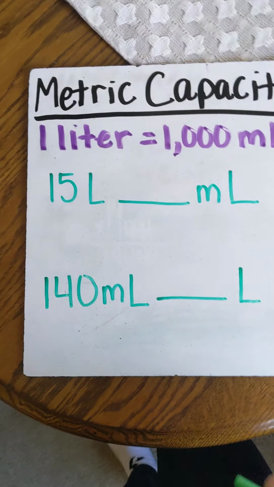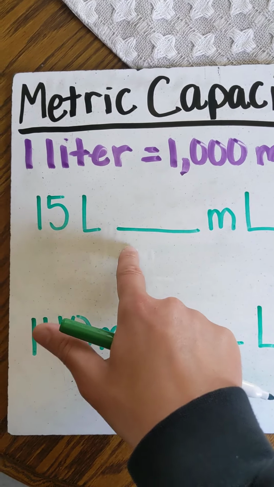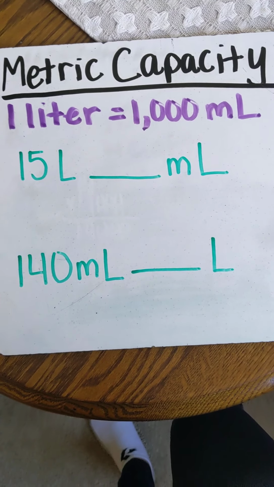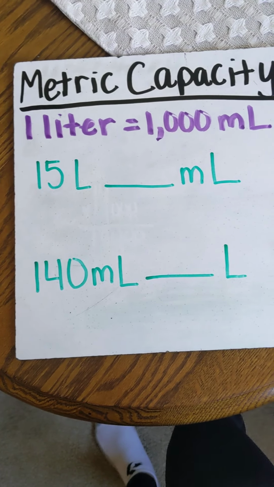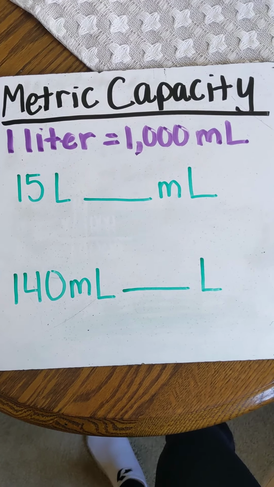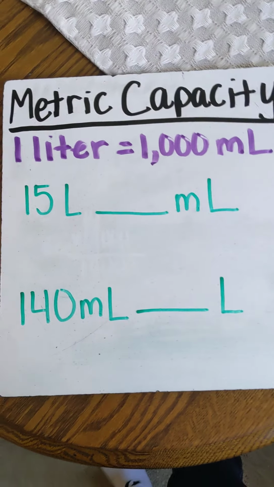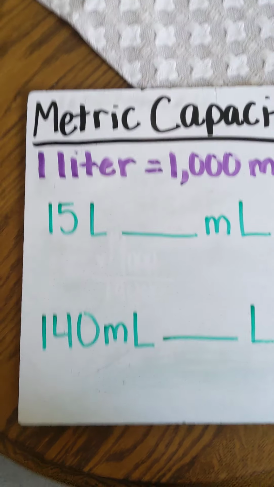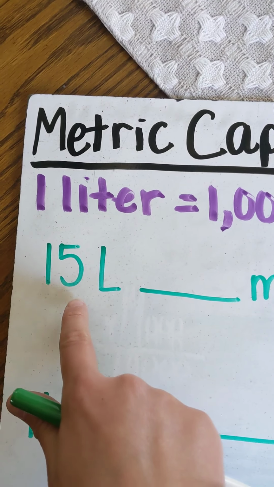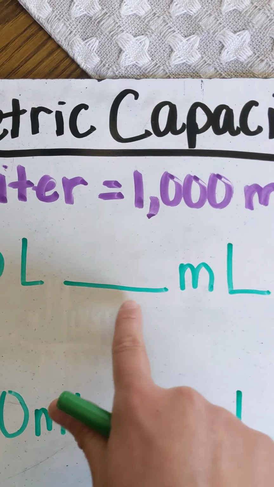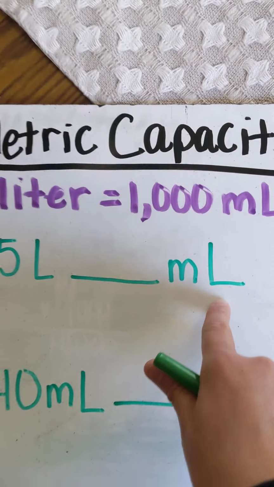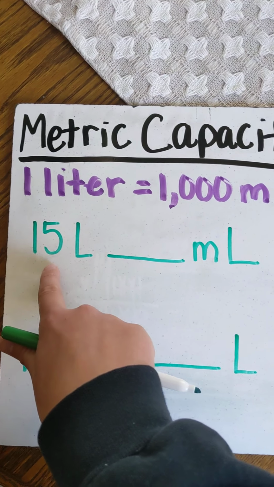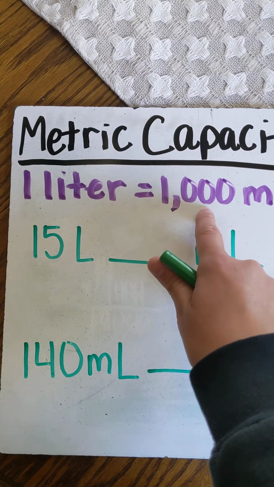Moving on from that, I have written down 2 sample questions for you. There are a couple ways you can go about solving these conversions, but there is a trick that makes it very, very easy. Okay, so here we go. Let's do this one. 15 liters is how many milliliters? Now we know that we are going to multiply this by 1,000, right?